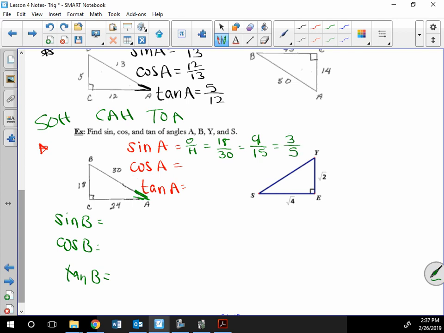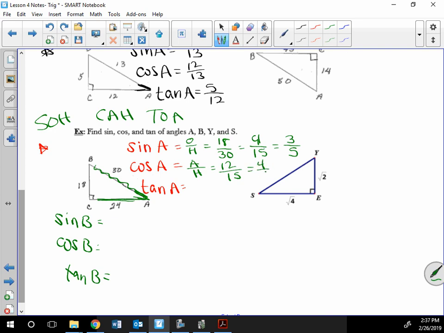Alright, cosine of A, what do we get? Unsimplified, what's our answer? 24 over 30, yeah. Adjacent over hypotenuse. Go ahead and simplify that. What do we get? 12 over 15? Do we agree? 4 over 5.